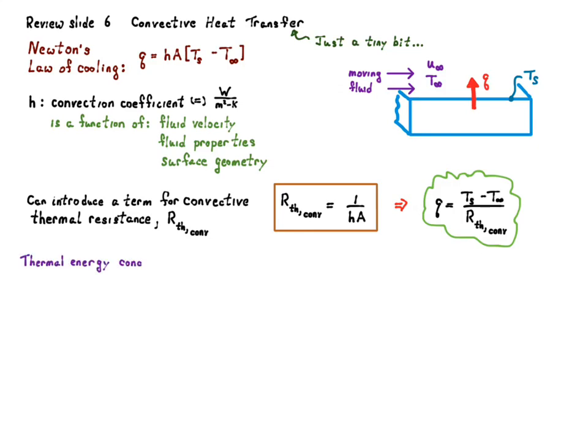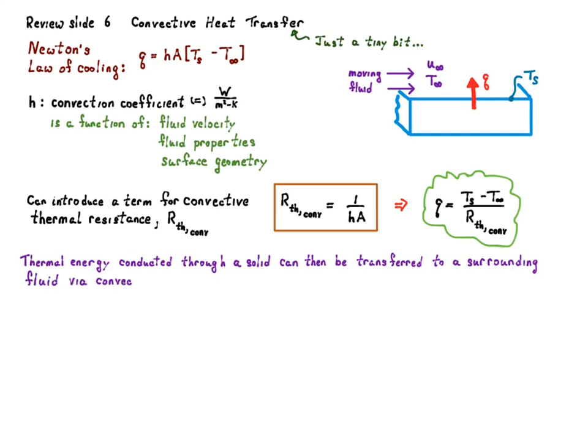So what we're going to be able to essentially do now is look at energy being conducted through a solid, and then that energy can be transferred to a surrounding ambient environment via convection. So to get you an idea of what we're looking at, we're going to have a composite wall made up of 3 different substances and 3 different widths, giving us 3 different conductive thermal resistances.